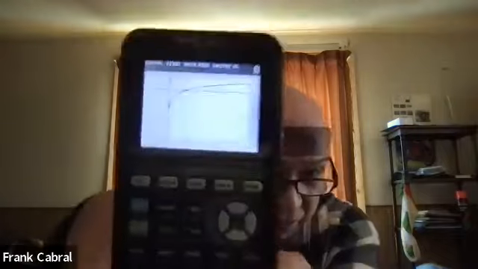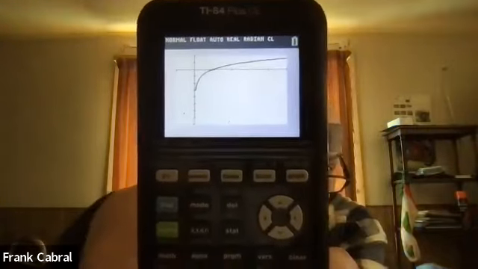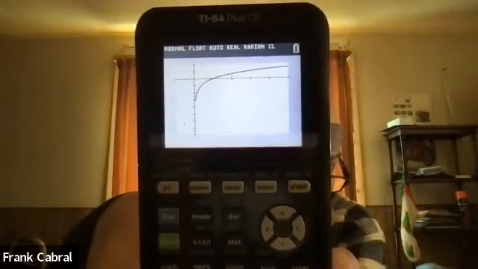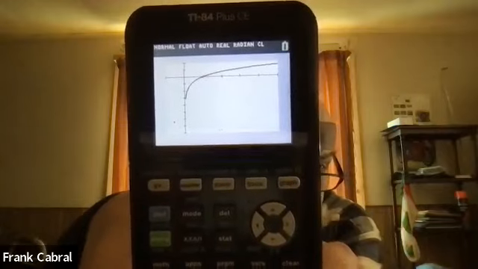I'll make one more adjustment to this. All right, and that's a good enough look at what the graph of the natural log looks like.